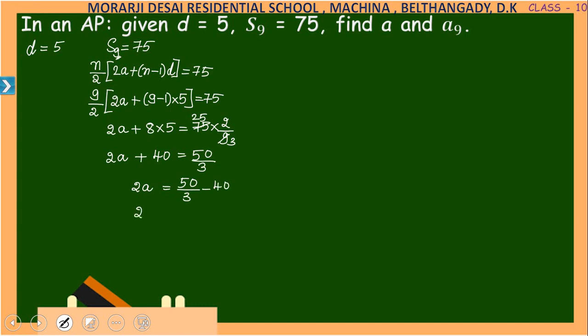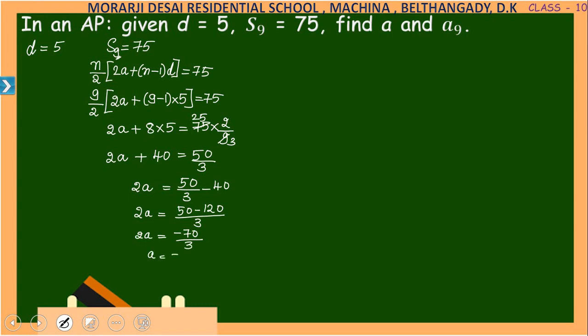That is 2a is equal to 50 minus 3 4s are 12, 120 by 3. So 2a is equal to minus 70 by 3.